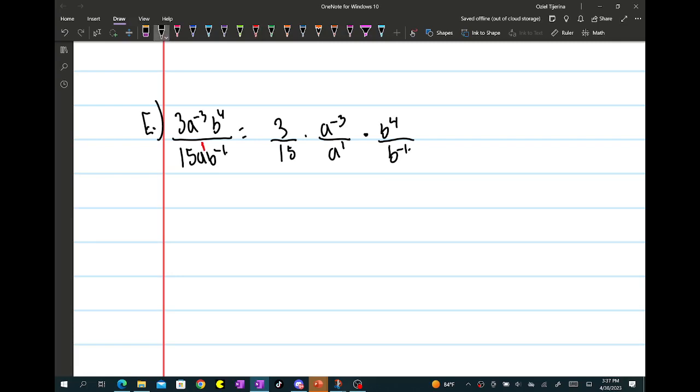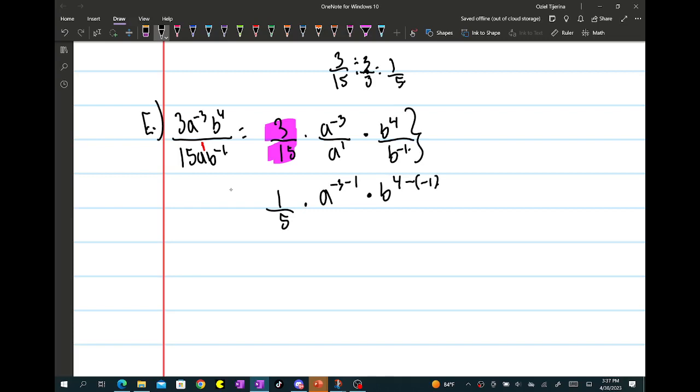So if we simplify this, 3 over 15 divided by 3 on top and bottom, we get 1 over 5 times a to the negative 3 minus 1 times b to the 4 minus negative 1.